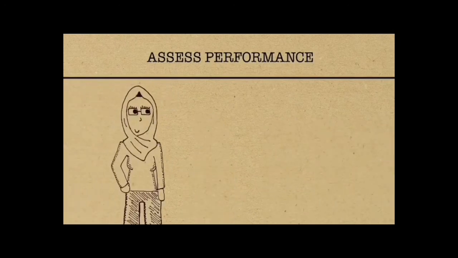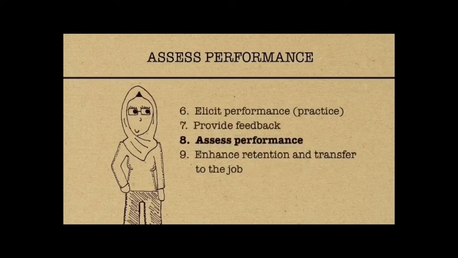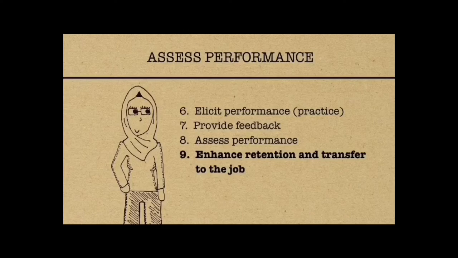To succeed at Event 8, Assess Performance, you need to think about it in conjunction with Event 2, Inform Learners of Objectives. Plan these events with one another in mind, and you will set your students up for success. Once you have assessed performance, you will be ready to move on to Gagne's 9th and final event, Enhance Retention and Transfer to the Job.